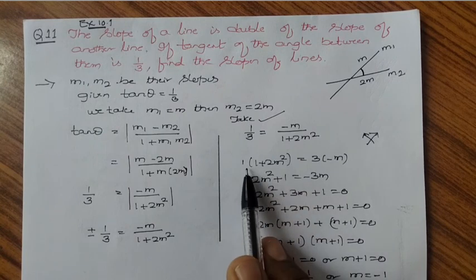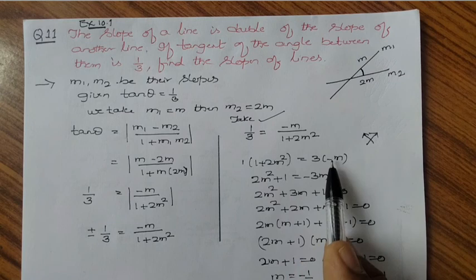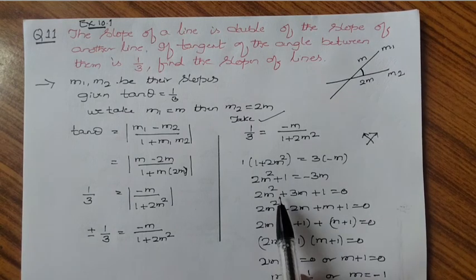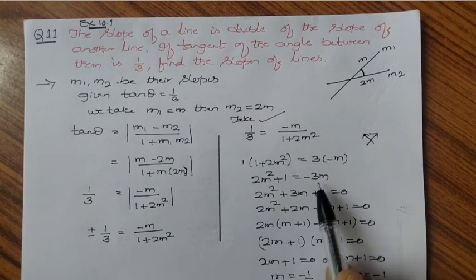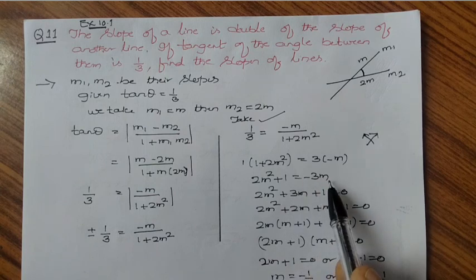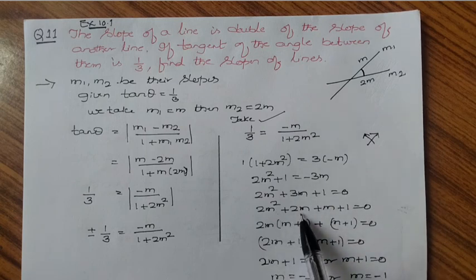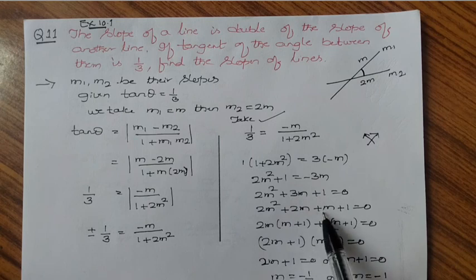On simplifying, we get 1 plus 2m square equals minus 3m. Then minus 3m becomes plus 3m when we take it from RHS to LHS, so 2m square plus 3m plus 1 equals 0. I am going to split 3m as 2m plus m, and I write plus 1 as it is.